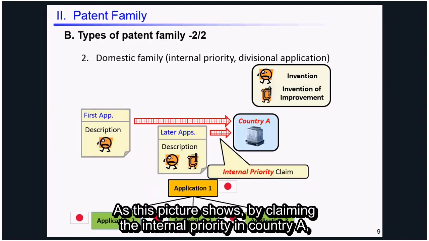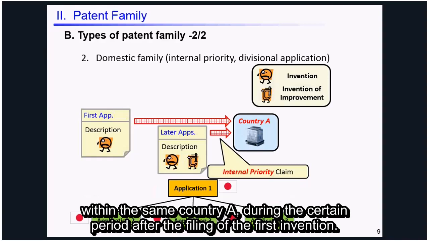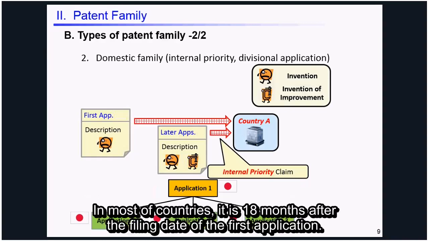As this picture shows, by claiming the internal priority in a country A, the applicant can file other applications with the same invention and improved inventions within the same country A during a certain period after the filing of the first invention. In most of the countries, it is 18 months after the filing date of the first application.